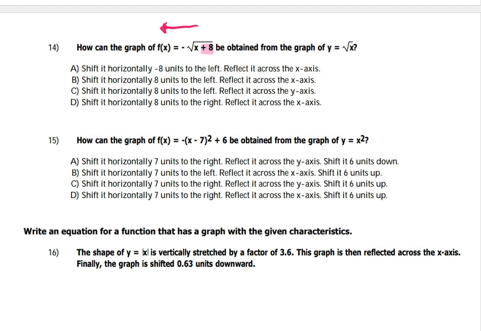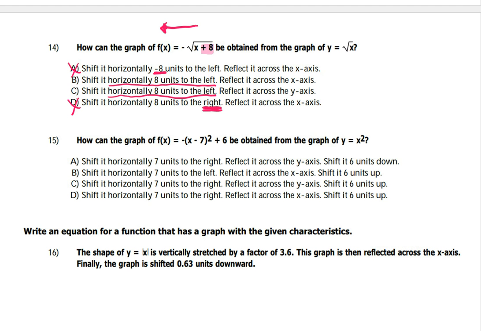So that would be 8 units horizontally to the left. And on A, they try to be sneaky by saying shift -8 units to the left. No. It's just 8 units to the left. So this one says horizontally 8 units to the left, this one says horizontally 8 units to the left, this one says horizontally 8 units to the right, so that one's out. And this says -8 units, so that one's out.